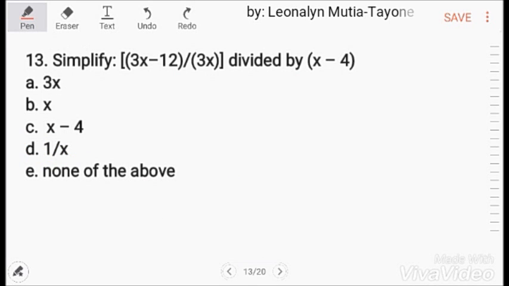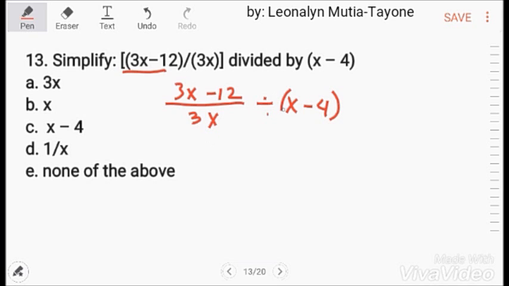Number 13. Simplify. 3x minus 12 over 3x, divided by x minus 4. This can also be written as, mas klaro kung ganito, 3x minus 12 over 3x divided by x minus 4. In other words, nag-divide tayo ng fraction.